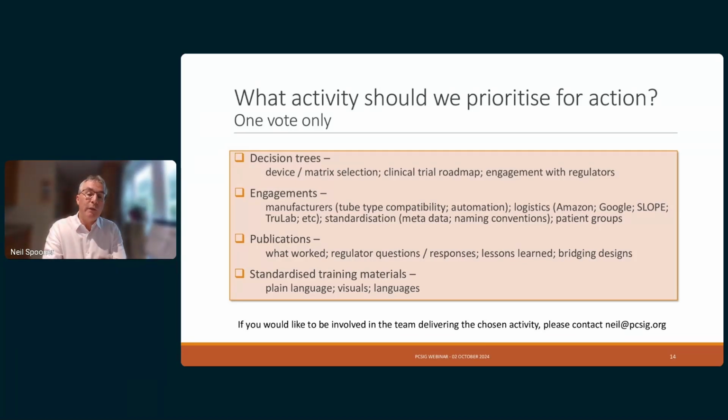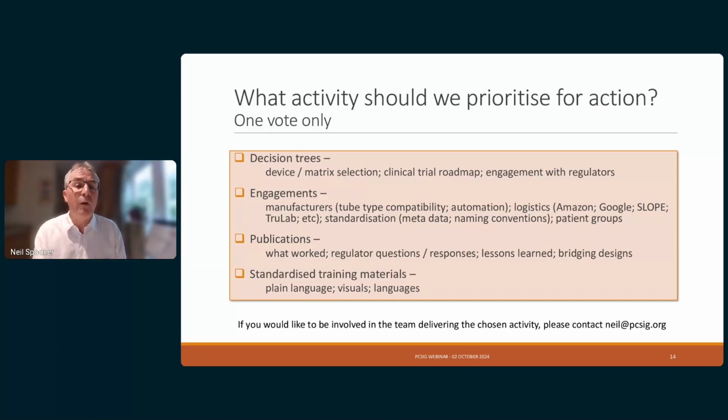So one thing that we talked about a lot is maybe on our website, developing decision trees around selecting the correct sampling device, the correct matrix, maybe a decision tree on the clinical trial roadmap that would help you along the way selecting what you should be doing and who you should be engaging with along the way, including engagement with regulators. So that's one of the things you can vote for, the decision trees.